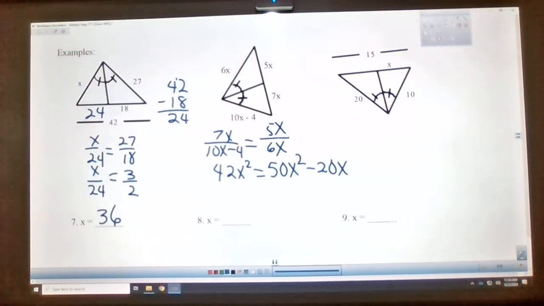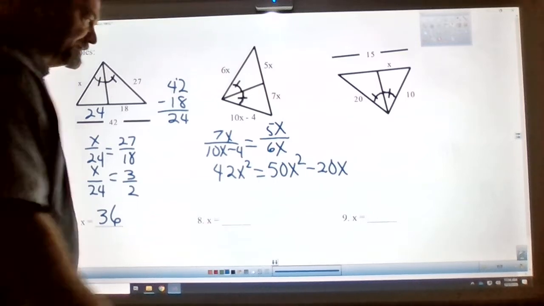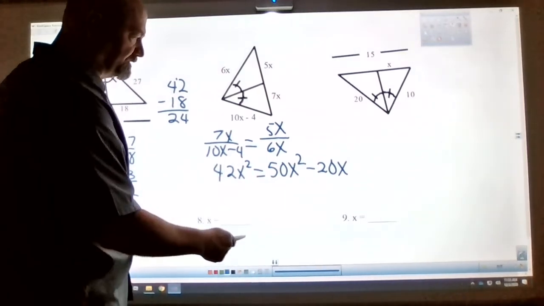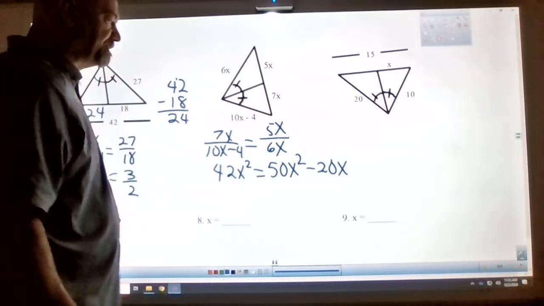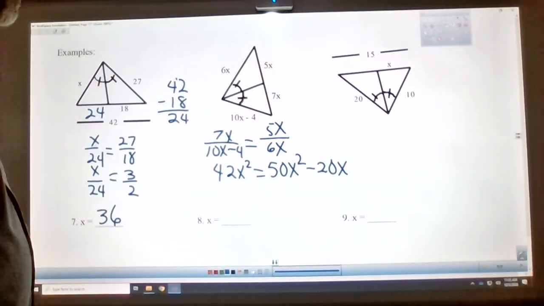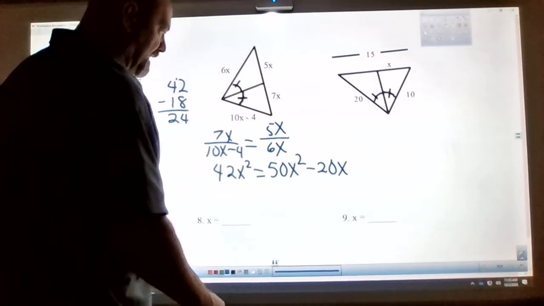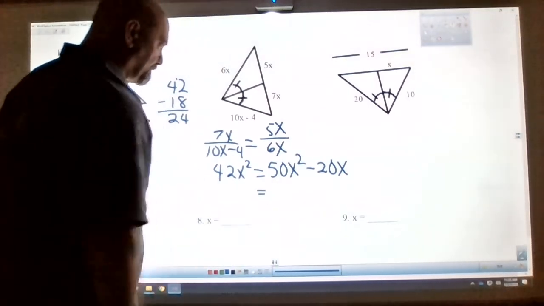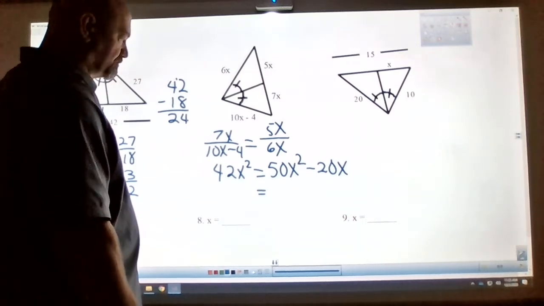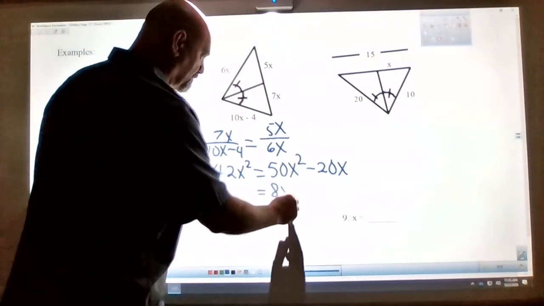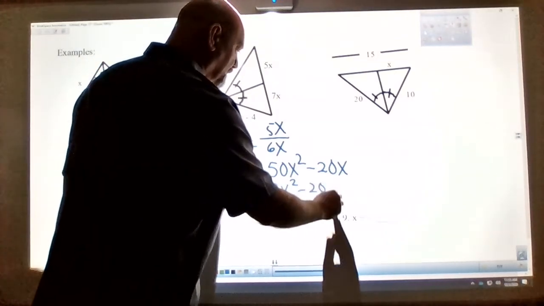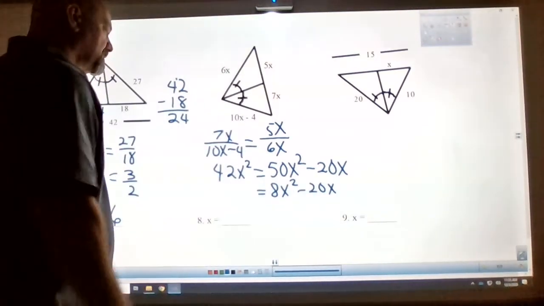Okay. Let's put all the things on one side, set it equal to 0. So if we subtract 42x squared from 50x squared, then we have 8x squared minus 20x equals 0.